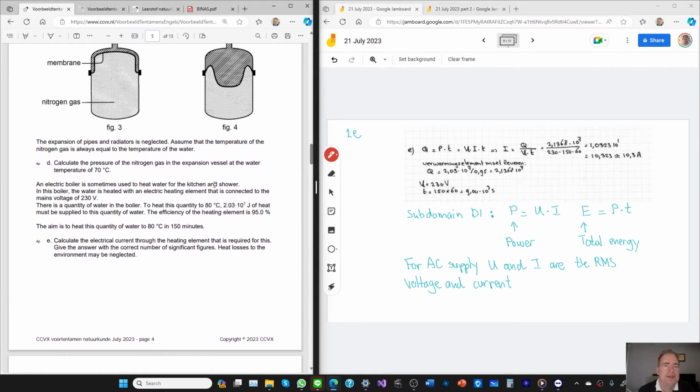And now they talk about heating, and in this case, all the heat to increase the temperature of the water is performed by a boiler with a heating element at 230 volts.